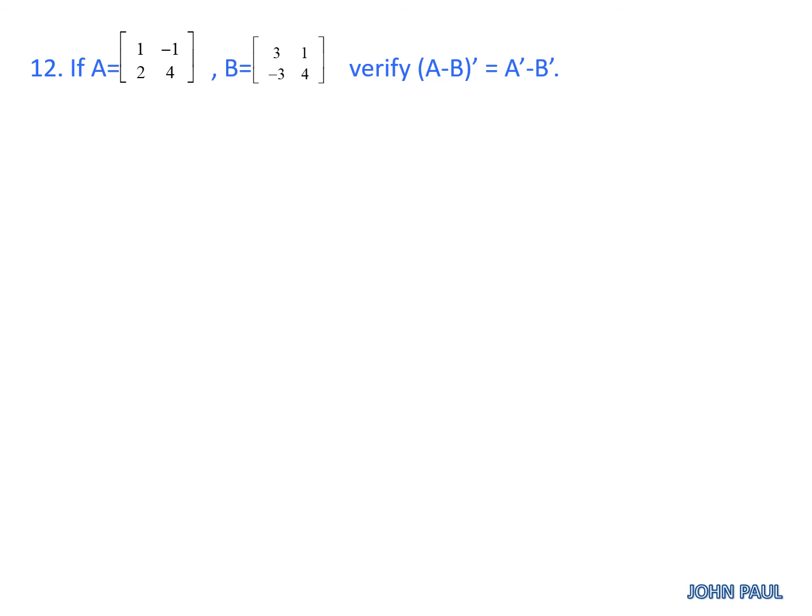12th problem. If the matrices A and B are given, verify (A minus B) transpose equal to A transpose minus B transpose. Solution. Given matrix A, find its transpose, changing the rows to columns.